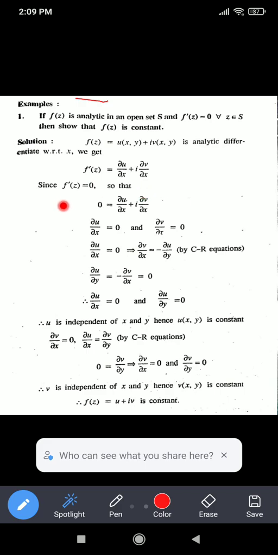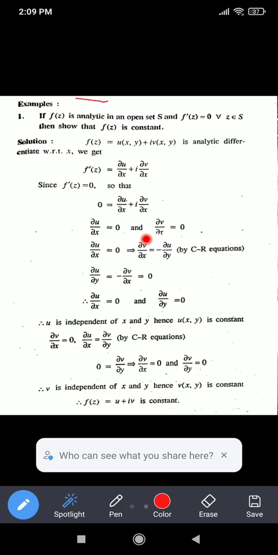Since f dash of z is equal to 0, as the given condition, we put 0 in place of f dash of z, so we get dou u by dou x plus i into dou v by dou x.